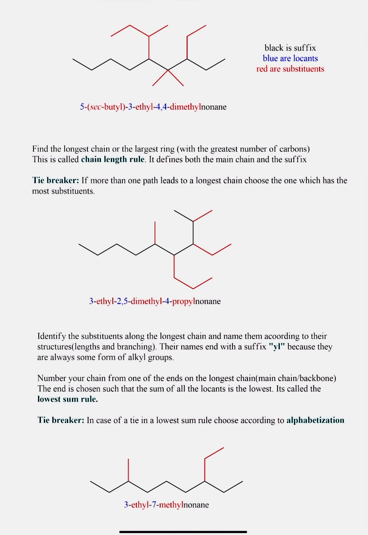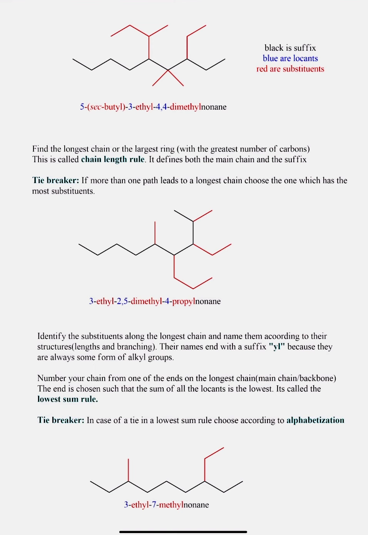Or alternatively, you can also choose this as your longest chain because it too has 1, 2, 3, 4, 5, 6, 7, 8, 9 carbons. But either way, you will end up with the same name because both the paths are identical. There is no difference in both the paths.